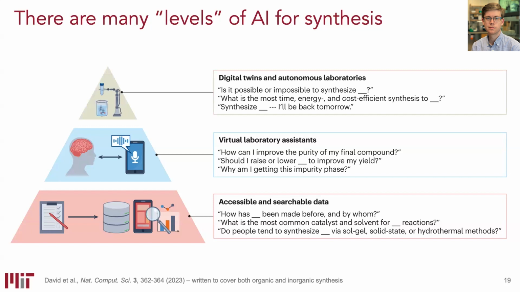Now, eventually, we would love to have models that understand the nuance of chemistry and can run autonomous laboratories, make their own decisions, troubleshoot their own things, and just give us molecules with zero intervention. That's the dream of autonomous chemistry in the future. We're, of course, not quite there, but that's where a lot of folks in the field are trying to build to. But we're going to stay on the lower levels and think about the data and the inferences that we build on top of this data.